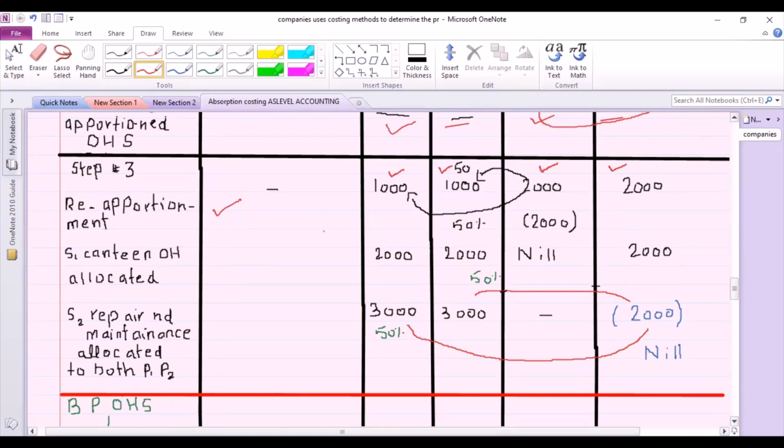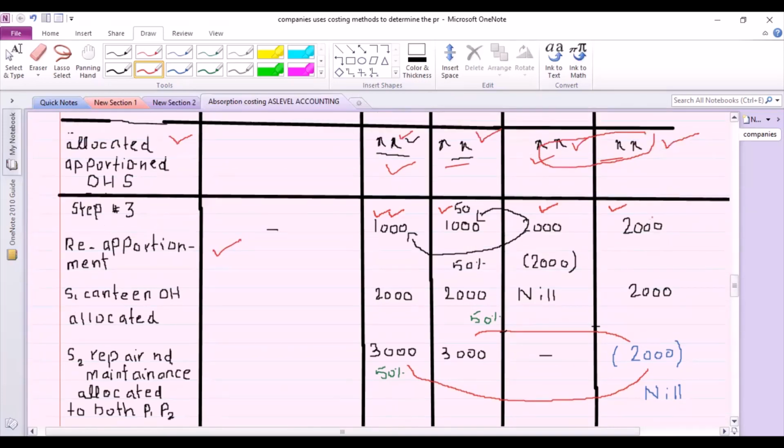For example, if in your exam the examiner says that you should divide 50% of service department 1 apportioned overheads and 50% of service department 2 overheads equally into both production departments. That means the 2000 of service 1 and the 2000 of service 2, you have to share 50% and 50% into production department 1 and production department 2.